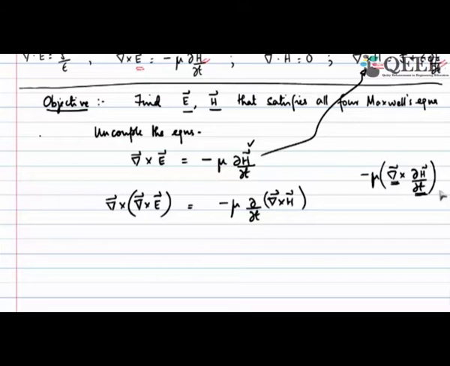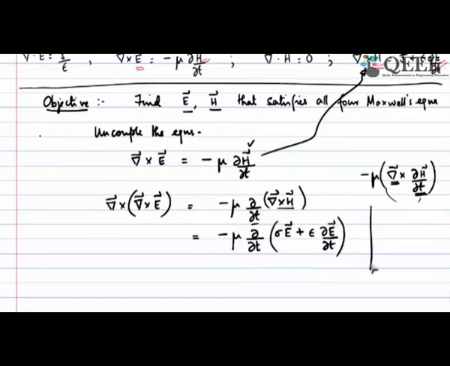These are 2 operators which are operating independently. So I can pull this out; it does not matter whether I take a curl of del H by del t or I take a curl and then differentiate it. The order is immaterial. The motivation of writing it this way is that I can substitute this curl of H as J, which is sigma E plus epsilon del E by del t.